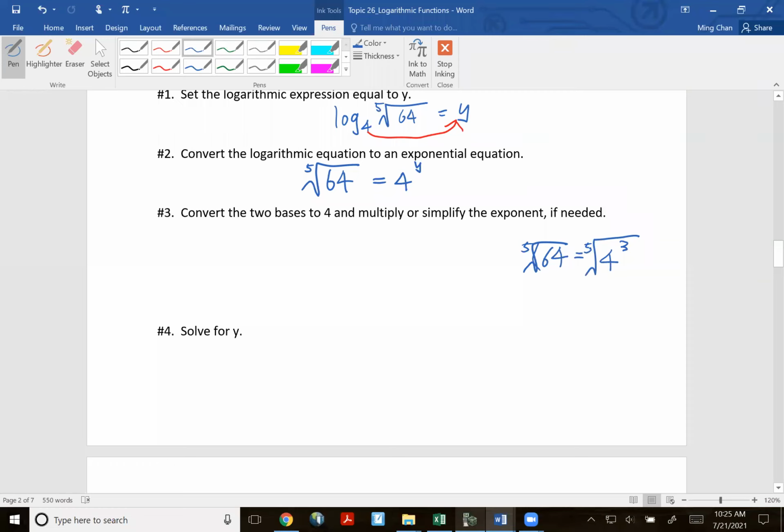So if I convert the radical into a fraction exponent, then remember the denominator determines the root. The numerator tells you that the base is raised to that power on the inside. So technically, the fifth root of 64 is the same as 4 to the 3 over 5 power.